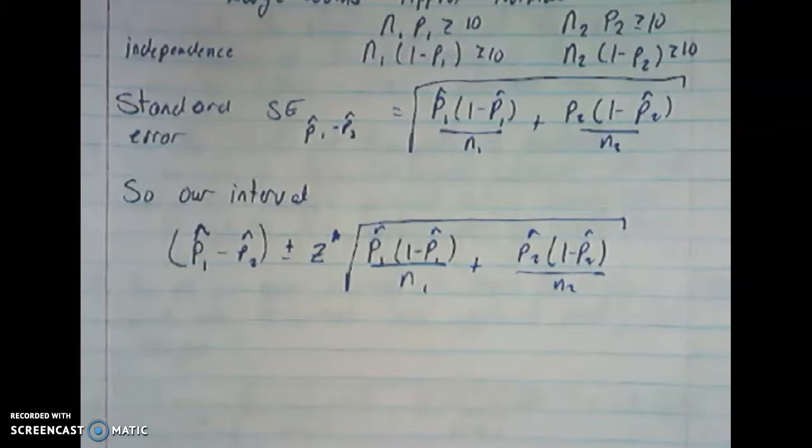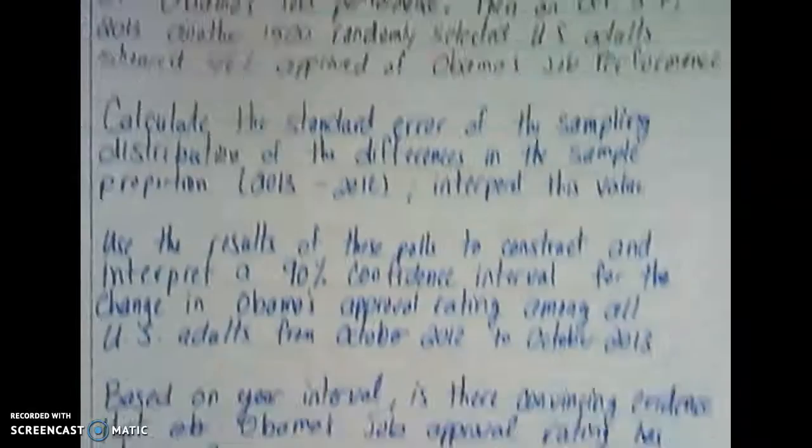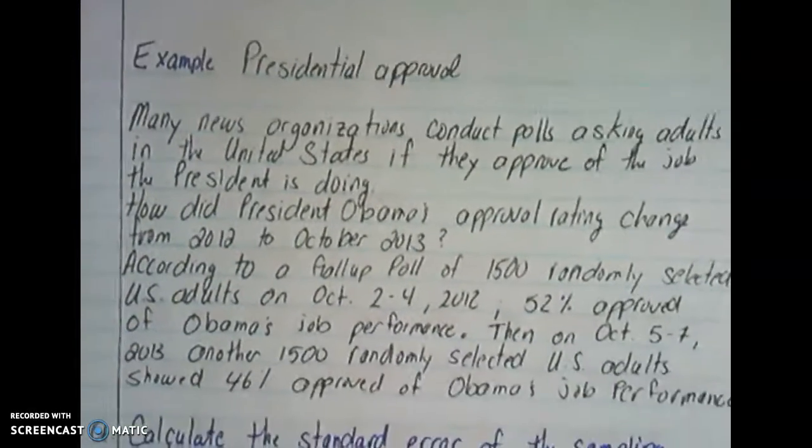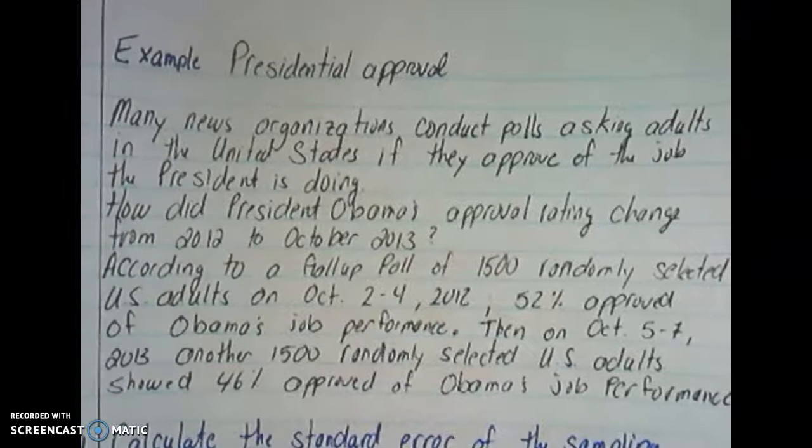Our example is about presidential approval. Many news organizations conduct polls asking adults in the United States if they approve of the job the president is doing. How did President Obama's approval rating change from 2012 to 2013?